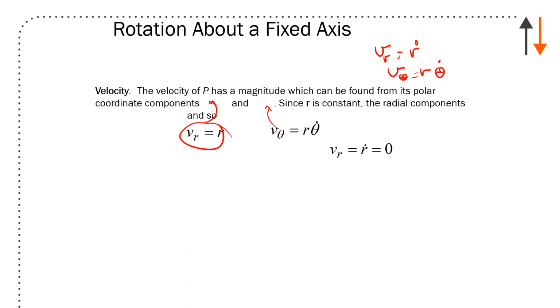And if r is constant, that means dr dt equals 0. And v theta equals r theta dot, but it doesn't equal 0, pardon me. I'm just going to scratch that out very badly.